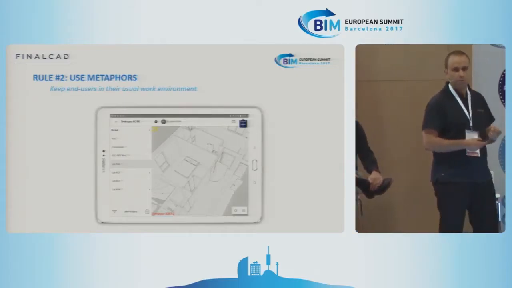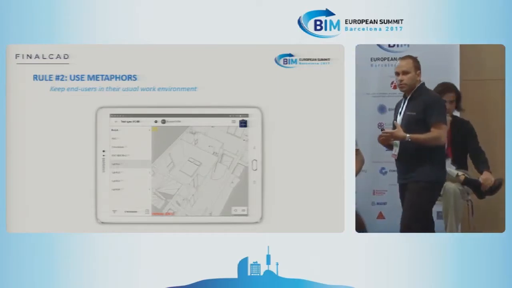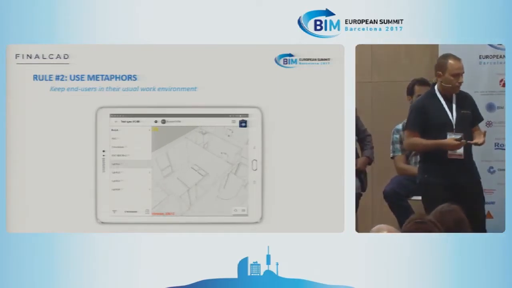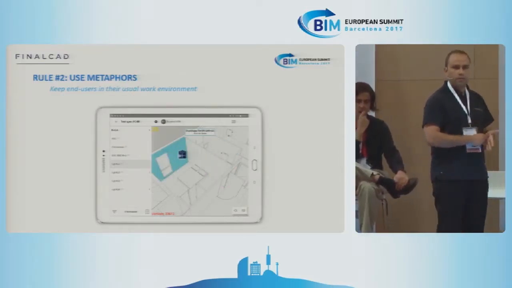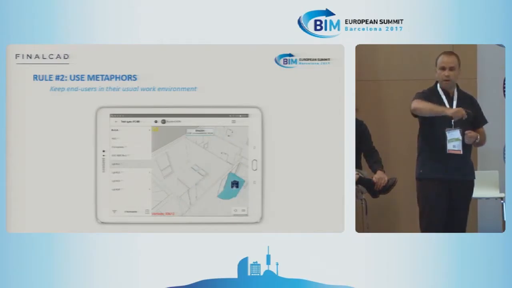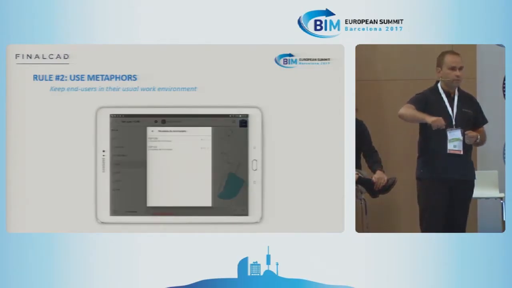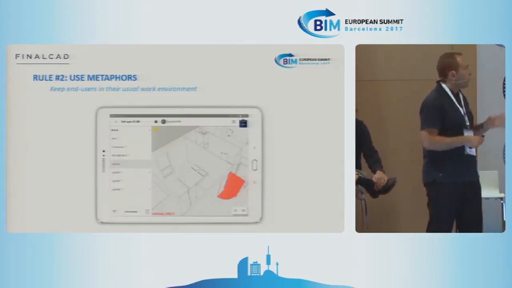Rule number two is to use metaphors. If we look at the way people are using paper blueprints today, a common way to follow the progress is to use those Stabilo Boss pens with red when it's not compliant, or green when it's done, or yellow when it's in progress. We did the same thing on the BIM model.